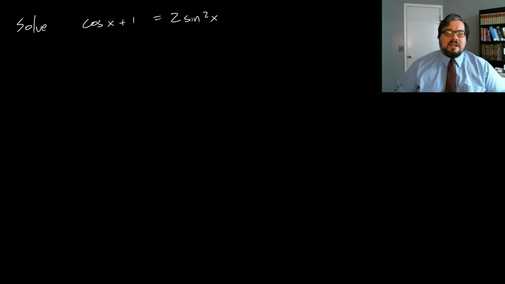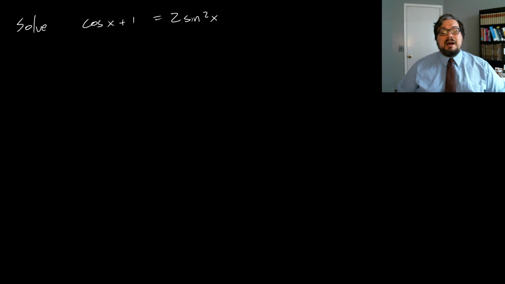Now, solving equations that involve two different trigonometric functions is hard. Generally, you want to try and algebraically manipulate your problem to reduce it to the case where you are just considering one trig function at once. Now, this is not always easy to do, and it can take some cleverness to make happen.